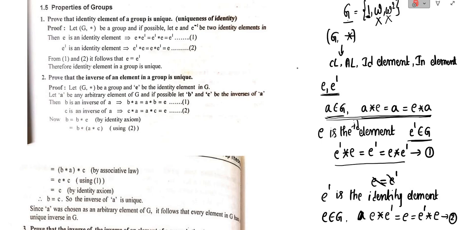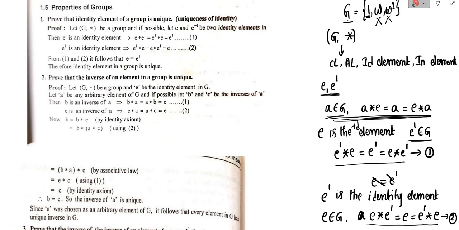So in this line, we substitute A as E dash. So E dash star E equals E dash equals E star E dash. Take that as equation 1. In the next step, we take E dash as the identity element and E as an element of G. In the same way, we substitute E as E dash and A as E. Then we get equation number 2.